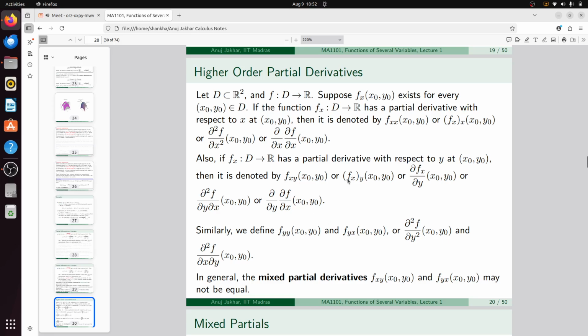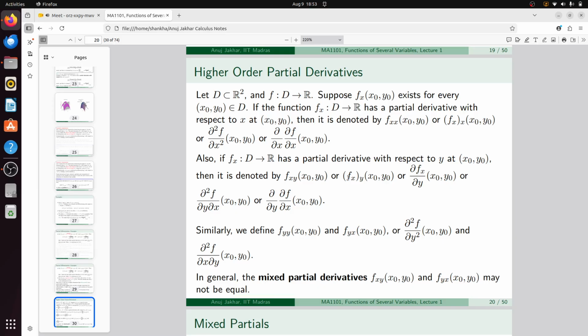So del 2f del y del x and del 2f del x del y, these two basically become different. They are not usually the same.